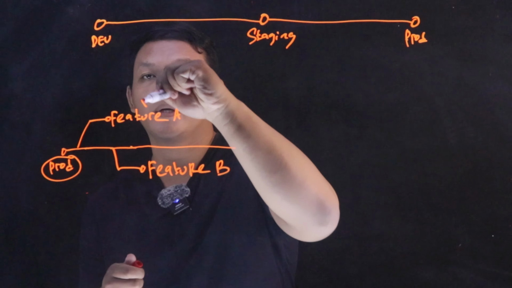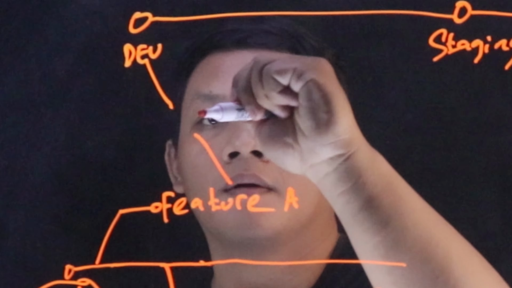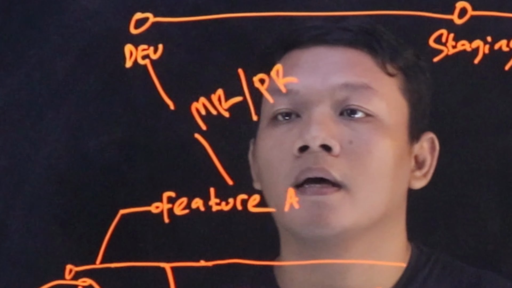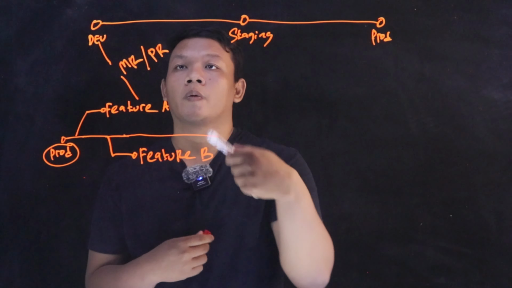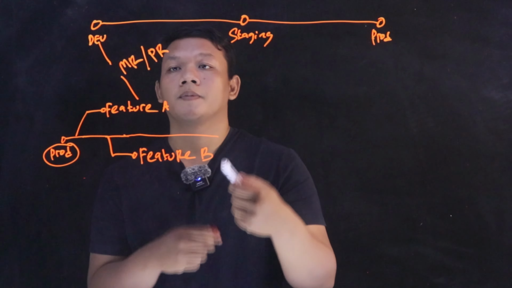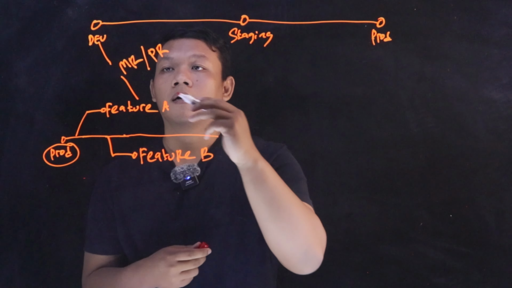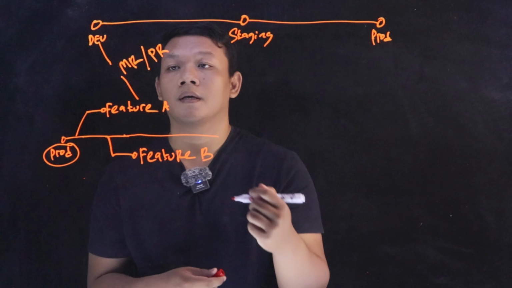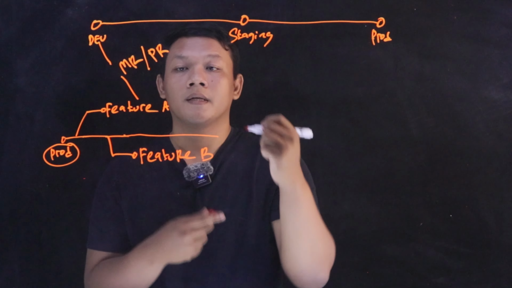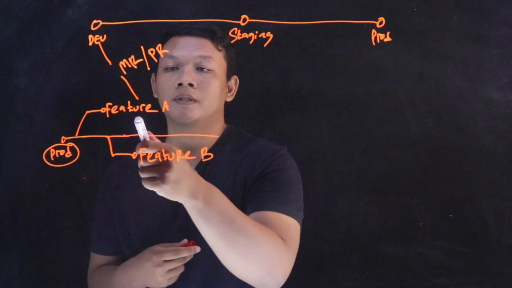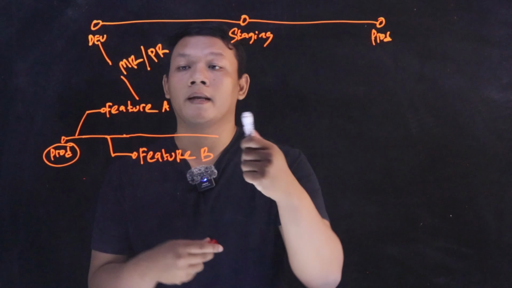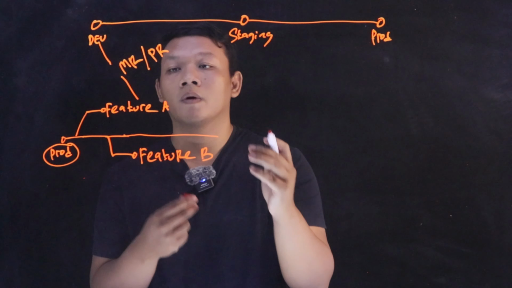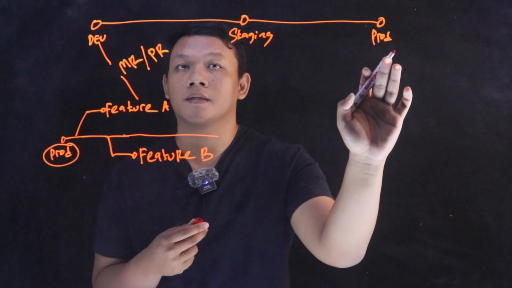When you create a merge request or pull request, there's a possibility that it will raise a conflict. When it does, the way that we manage it is that we need to keep this feature branch as clean as possible and as close as possible to our production branch, because in the end we want to release this feature inside production.